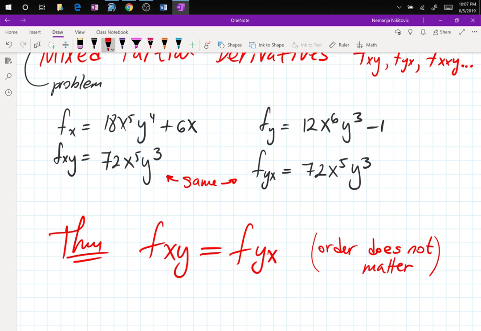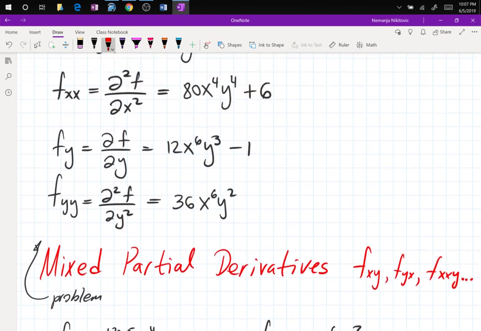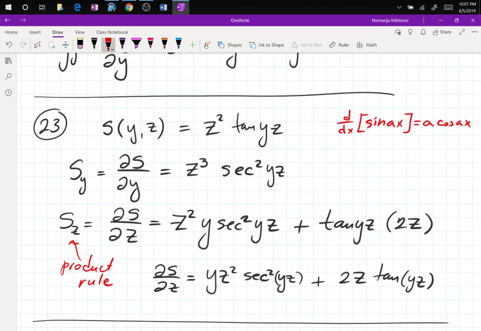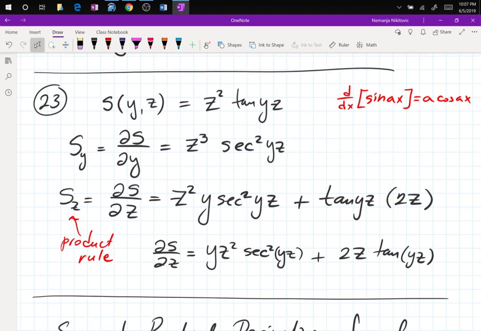Now, this is a really cool theorem because, okay, let's go back and find it. There it is. Look at this beautiful problem, right? If you're taking the derivative with respect to z, you have to deal with the product rule. But if you're taking the derivative with respect to y, you don't have to deal with the product rule.